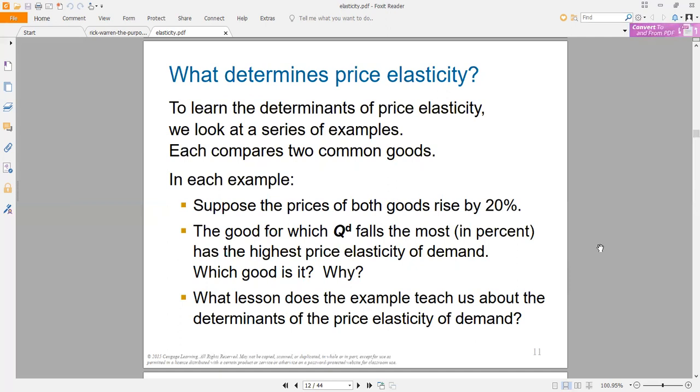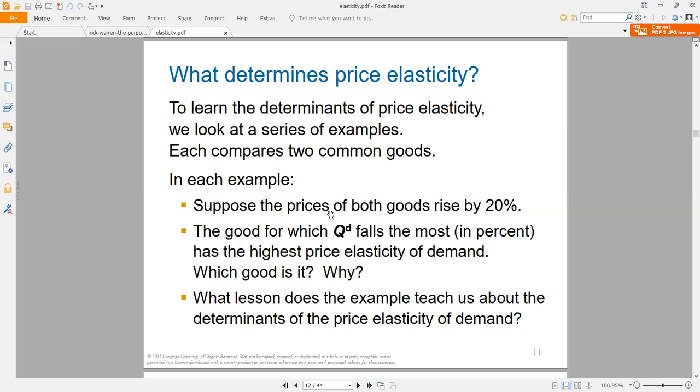Now, this is what we want to do. For us to understand the determinants of price elasticity, we are assuming two goods. We'll be comparing two goods, and by the comparison, we'll be able to know how a particular factor will affect the price elasticity of any of those goods.